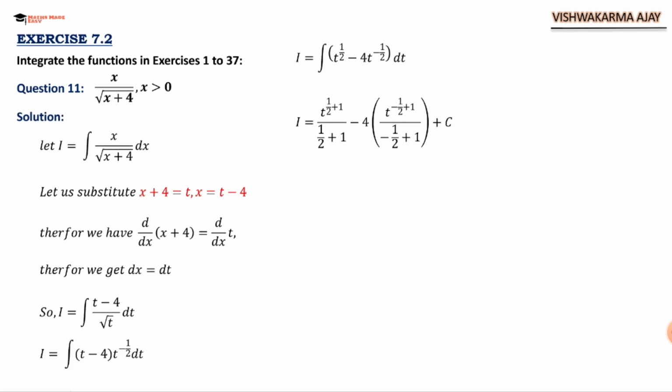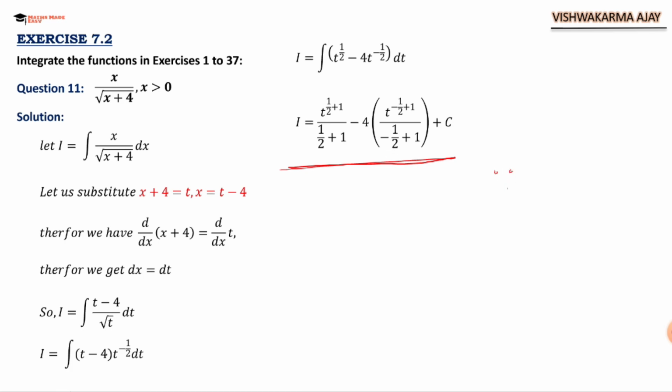Hence we have this. By applying the integral, we can write t to the power (1 upon 2 plus 1) whole divided by (1 upon 2 plus 1), and t to the power (minus 1 upon 2 plus 1) whole divided by (minus 1 upon 2 plus 1).